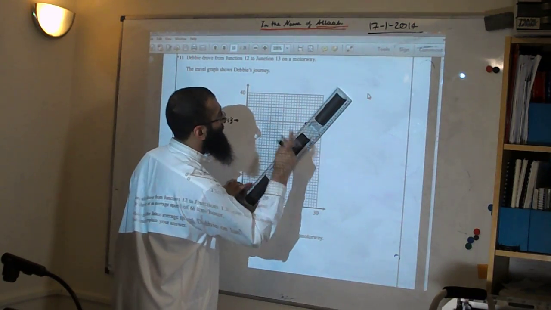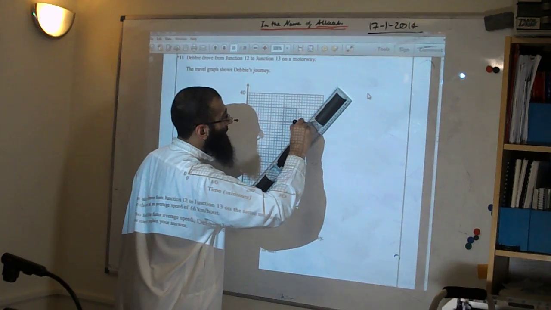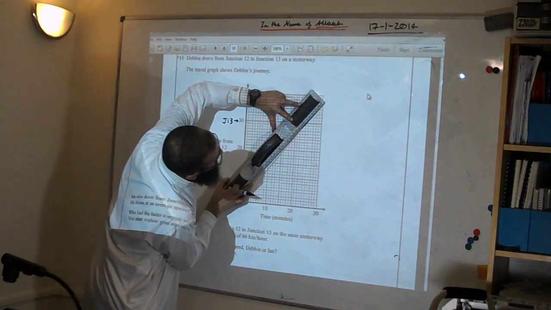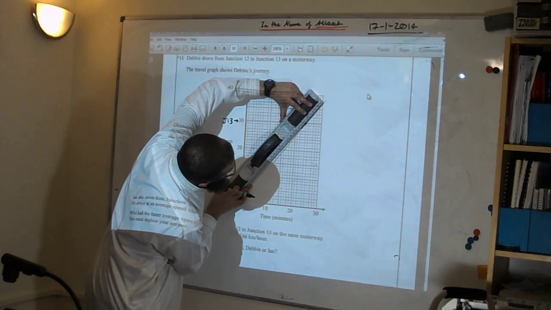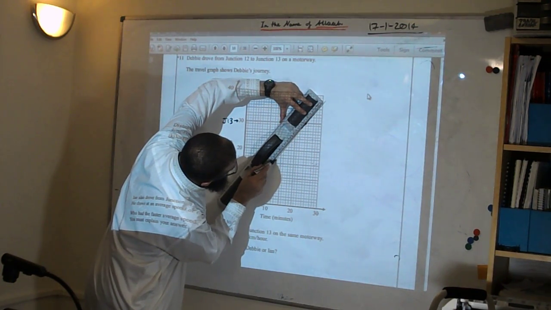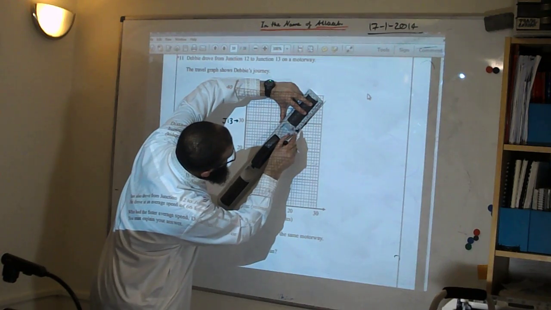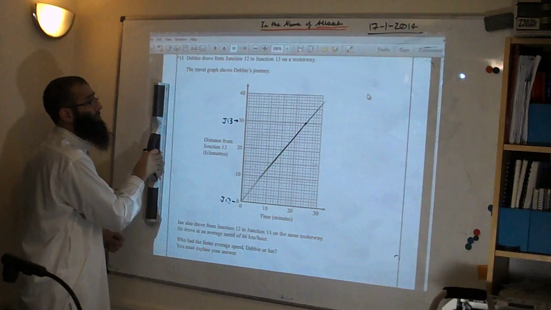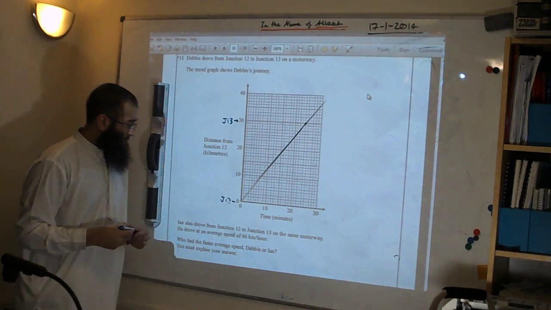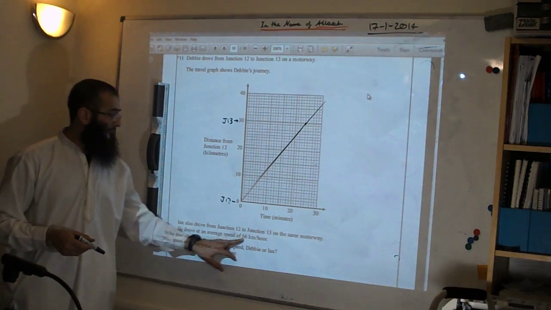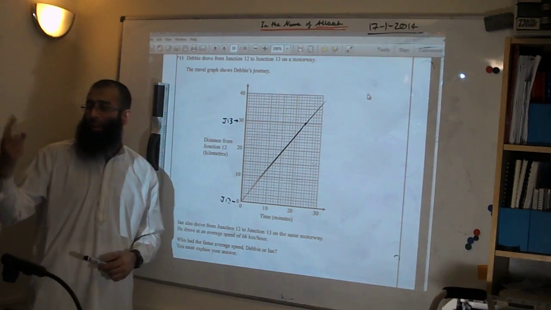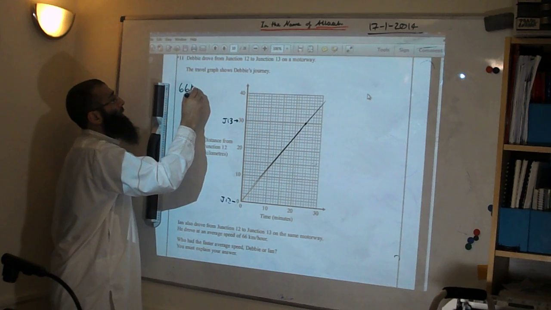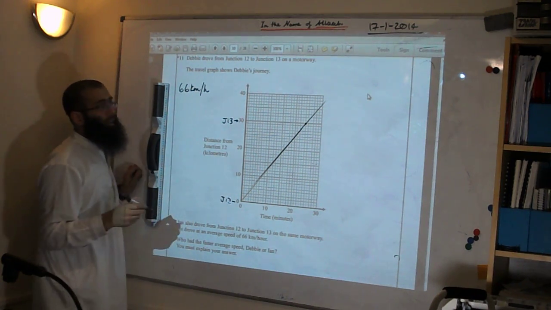Okay, folks, can you please extend your line for me, please? Accurately from the original line. Okay, that's my original line being extended. Now, if Ian drove at an average speed of 66 kilometers in 1 hour, okay.